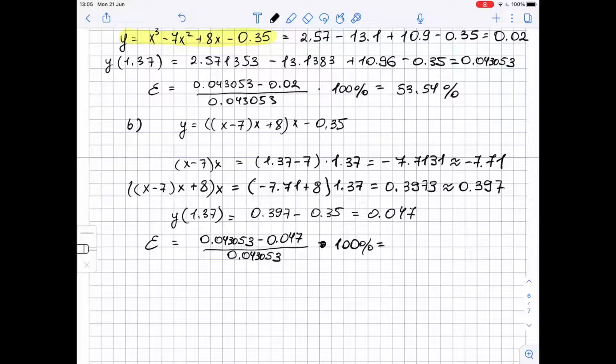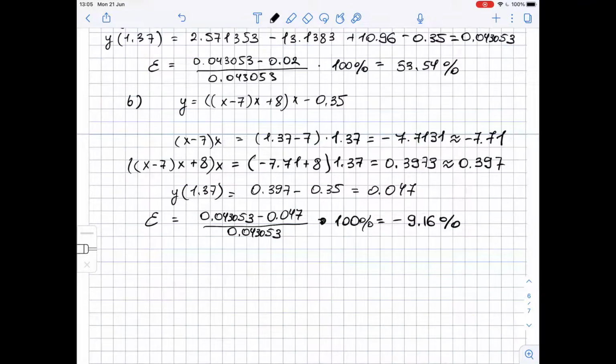So here we get negative 9.16%. So we see that the error in part B is much smaller than the error in part A, so we can write it down as: error in part A is bigger than error in part B.